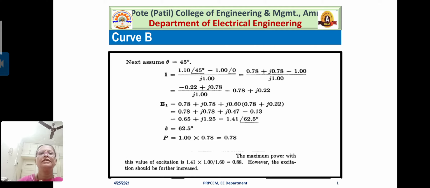Correct? So curve B, again assume theta is equal to 45 degrees. The rest of the procedure is similar to the previous one.